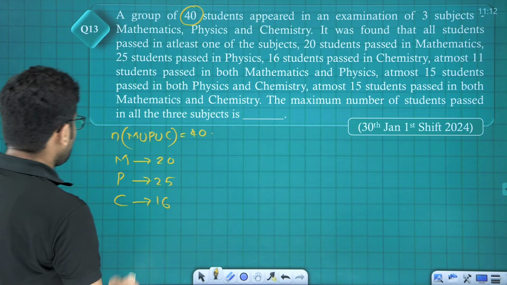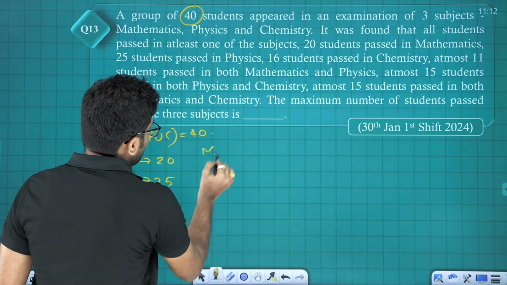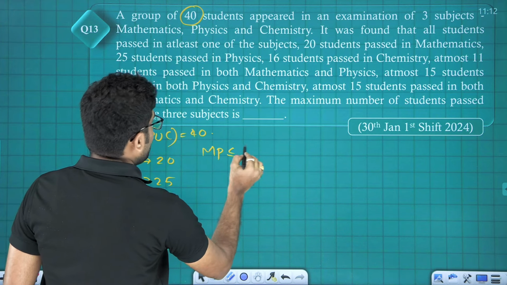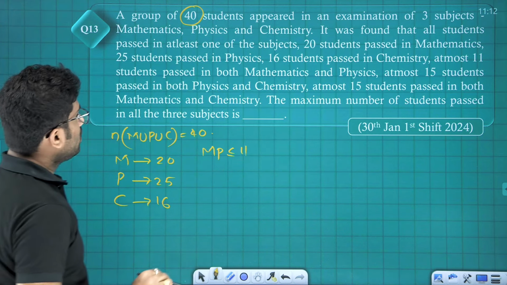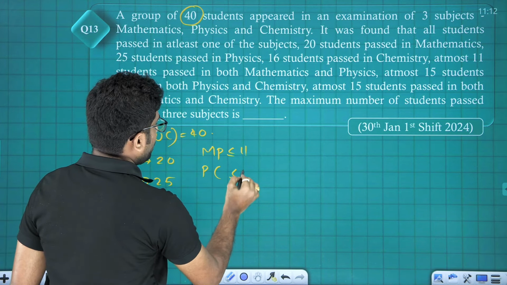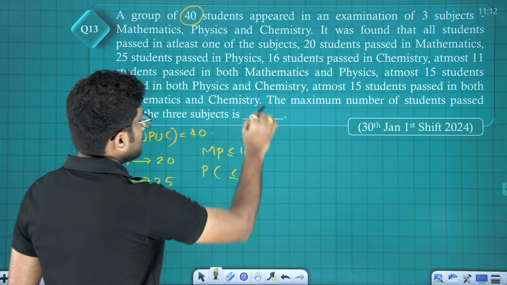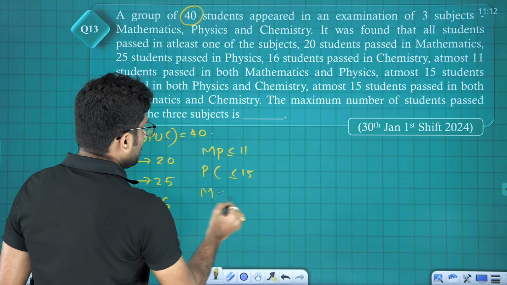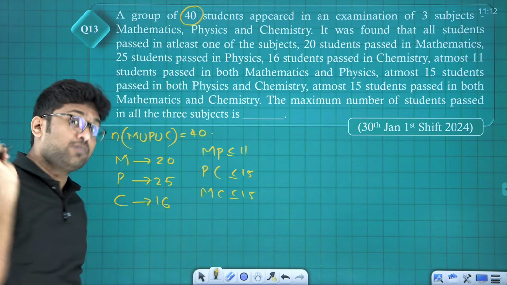At most. So that means n of M intersection P is always less than or equal to 11. Physics and chemistry at most 15. Next, chemistry and maths, M intersection C, is again less than or equal to 15 at most.